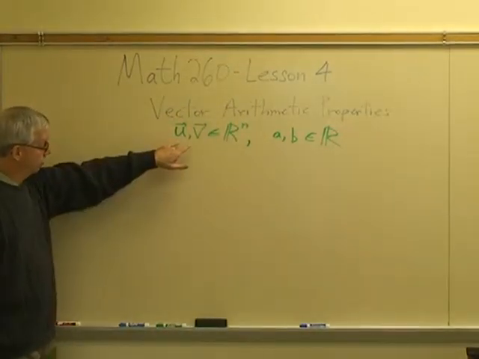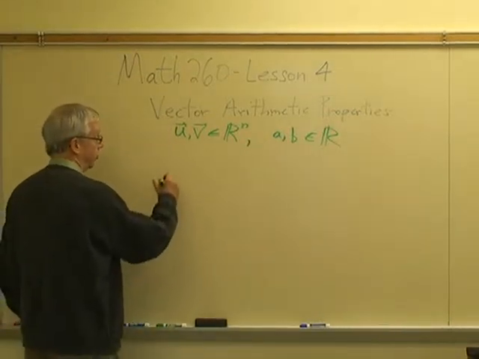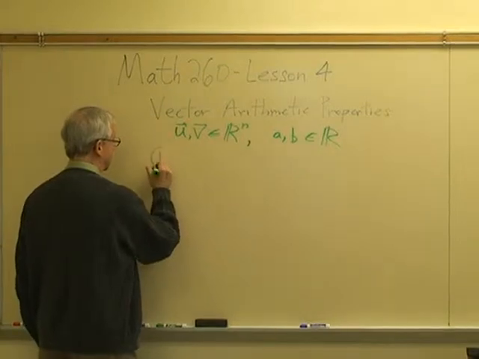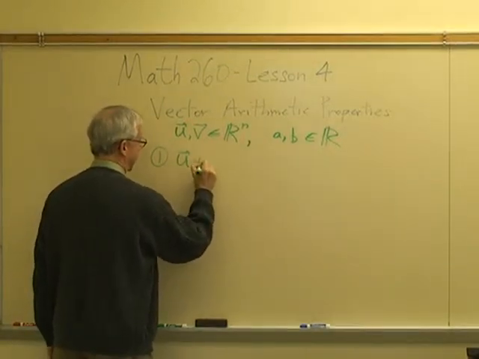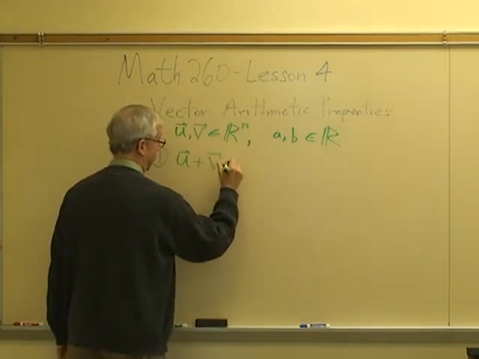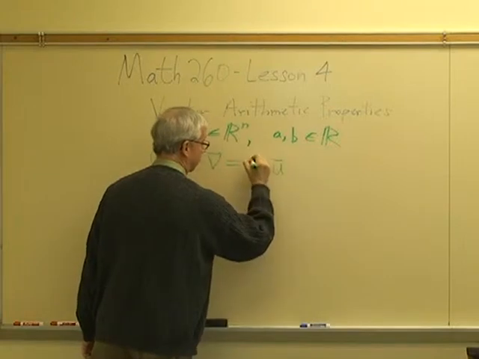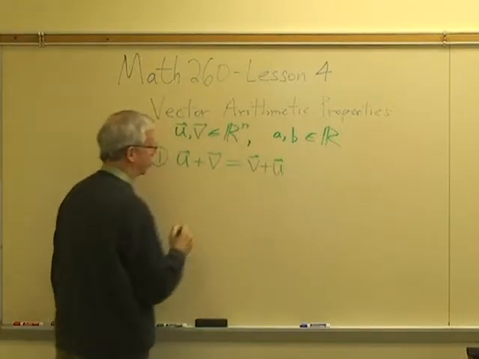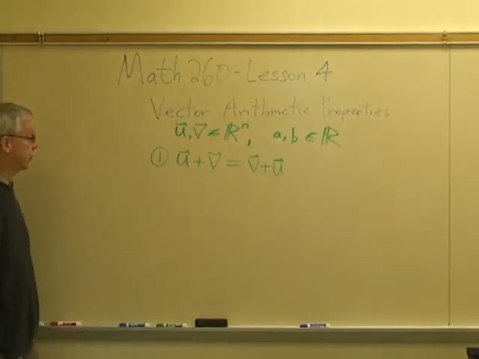So given two vectors and two numbers, what's true? Well, here's the first property that's always true. u plus v is the same thing as v plus u. That is, vector addition commutes, or it's a commutative operator. It doesn't matter which one I put first. I get the same answer.